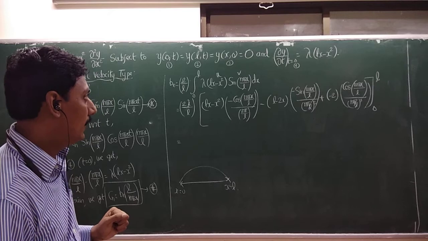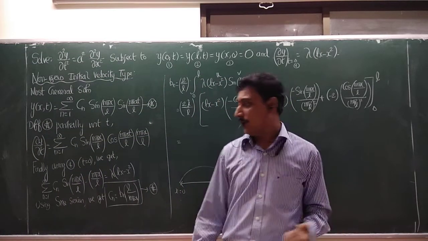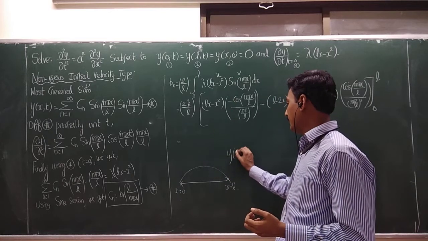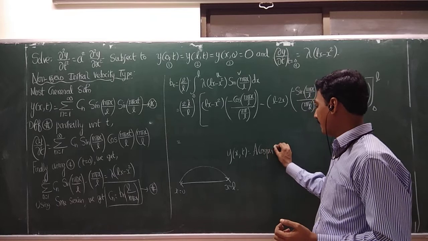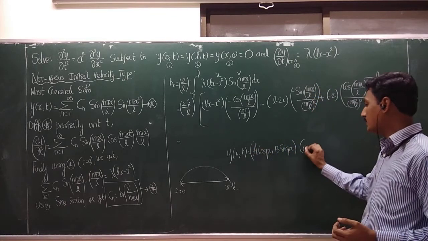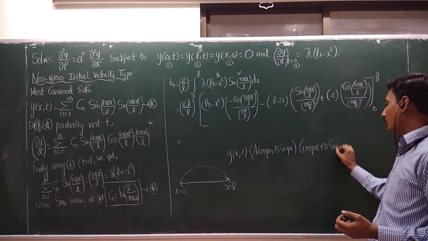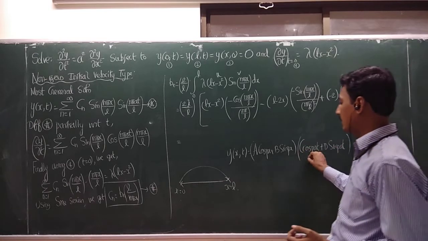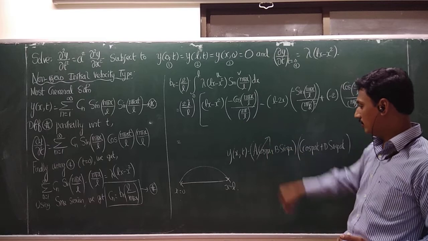As we already know, the correct solution is y(x,t) = (A cos px + B sin px)(C cos pat + D sin pat). Isn't it right? When we apply the first boundary condition at x = 0, the displacement is 0, so we get A = 0.